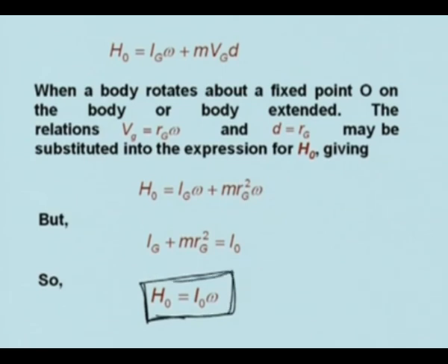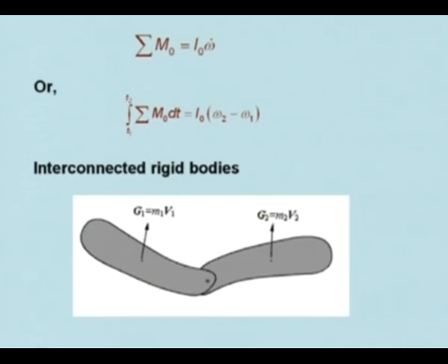So we get HO is equal to IO omega. And we also have sigma MO is equal to IO omega dot. So therefore T1 to T2 integral of sigma MO dt is equal to IO into omega 2 minus omega 1.